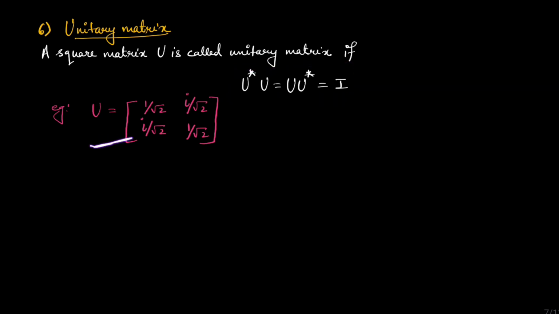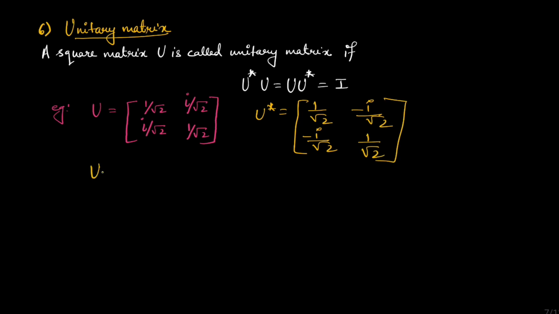So this is the given matrix. If I find the conjugate transpose of this matrix, it will be 1 by root 2, minus i by root 2, minus i by root 2, and 1 by root 2. So U into U conjugate transpose will be what? 1 by root 2 into 1 by root 2 is 1 by 2.